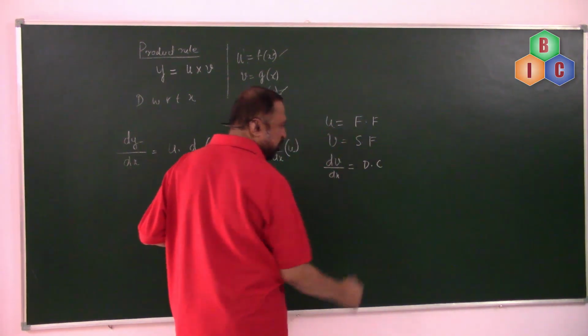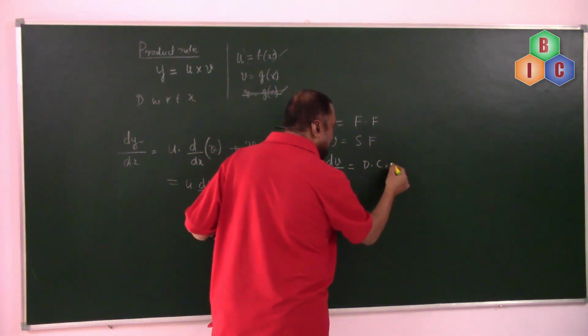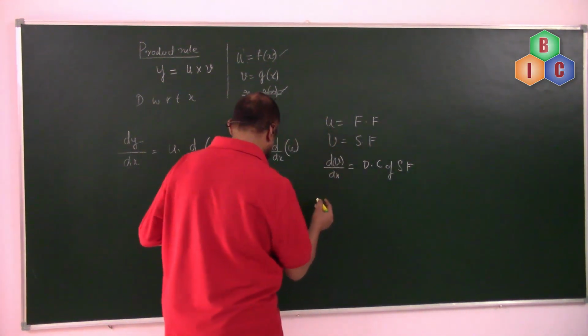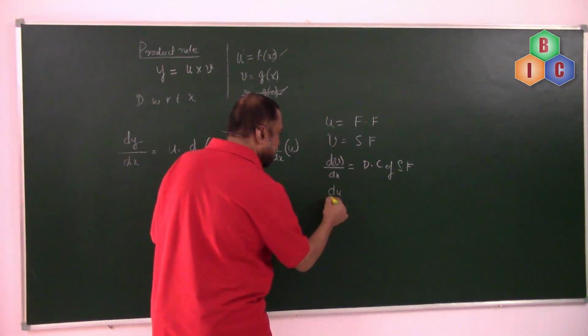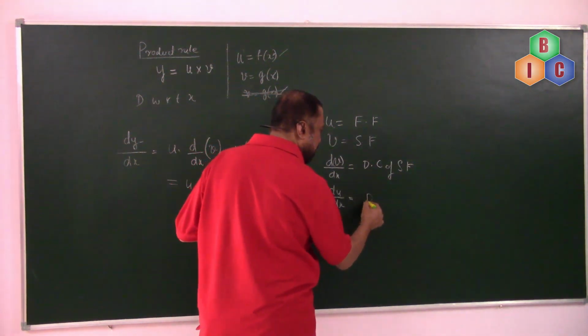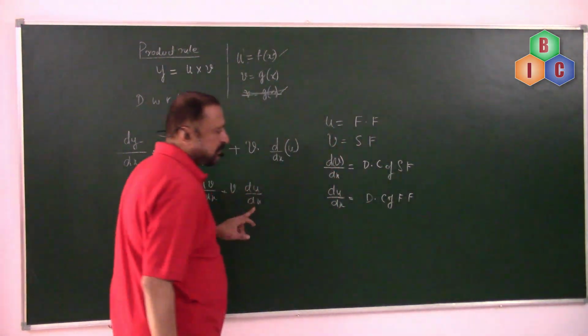Differential coefficient, short form is dc. Let's take it in that way. d by dx of second function, because v is the second function. And what is du by dx? It is the differential coefficient of first function. That means dc of f dot f.